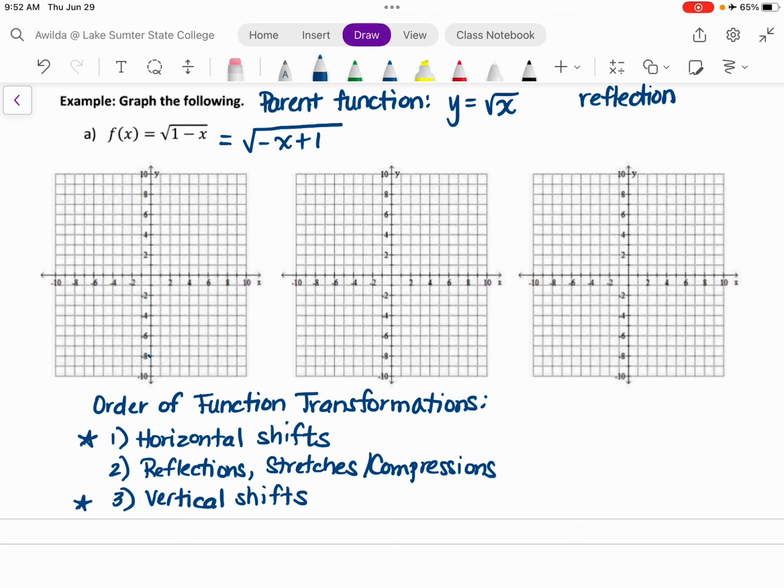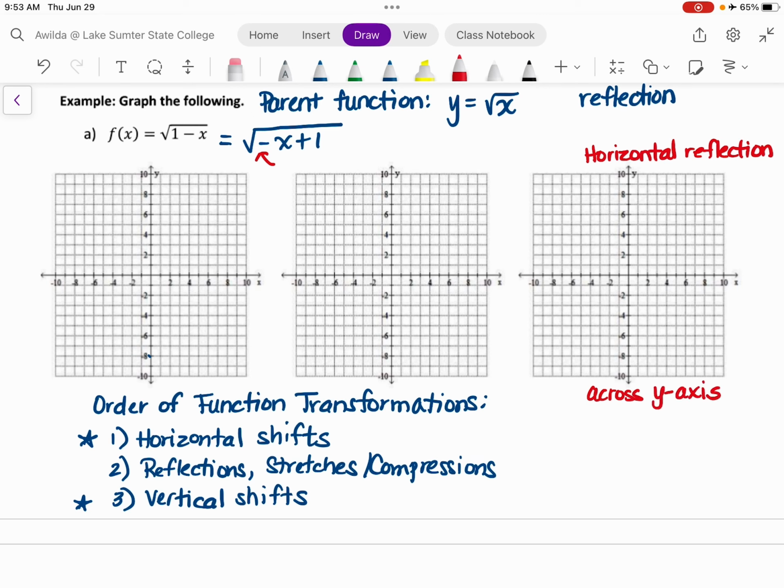So in this case, I see two transformations. The first transformation is created when we multiply the input x by -1. So that is going to create a horizontal reflection. And that is across the y-axis, right?